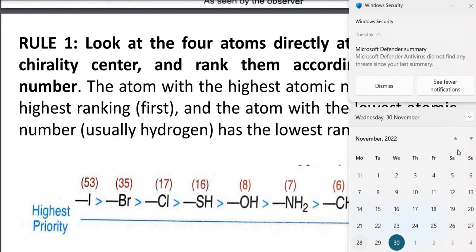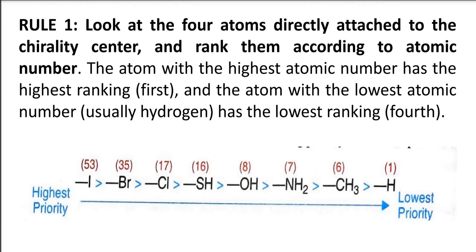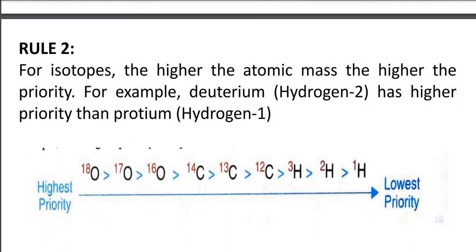So this is the priority: iodine 53, highest priority, bromine 35, chlorine 17, SH thiol 16, OH hydroxy 8, NH2 7, CH3 6, and hydrogen is the lowest priority. Now rule second: for isotopes, the higher the atomic mass, the higher the priority. For example, deuterium, hydrogen 2, has higher priority than protium, hydrogen 1. So this is the lowest priority order and this is the highest priority order.